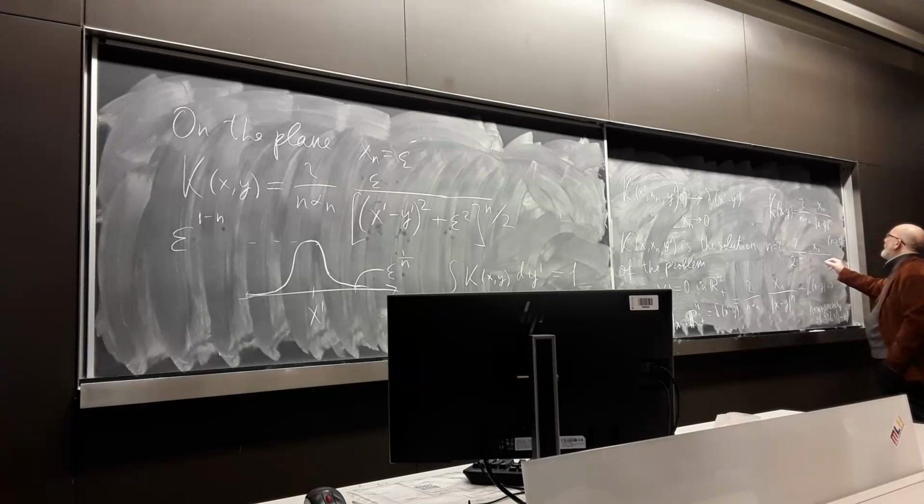x2 over |x minus y| squared. It is also correct. We got exactly this formula, so it is 1 over pi. We got this formula from the logarithm, because in two dimensions the fundamental solution is logarithm.